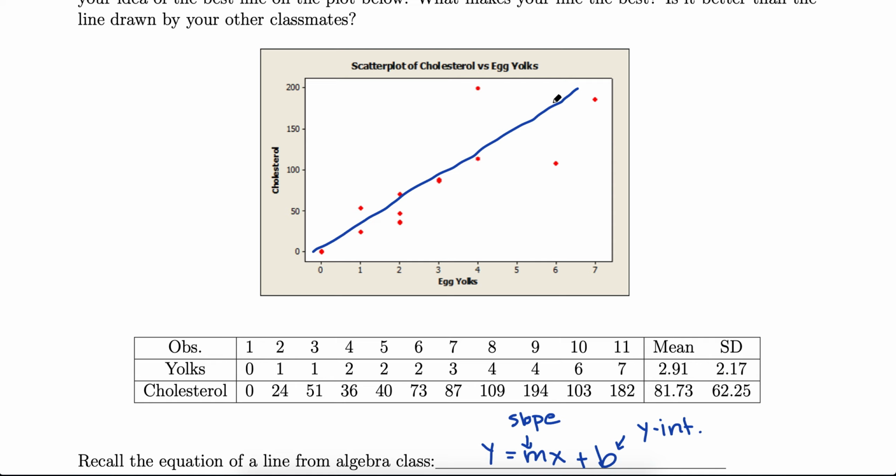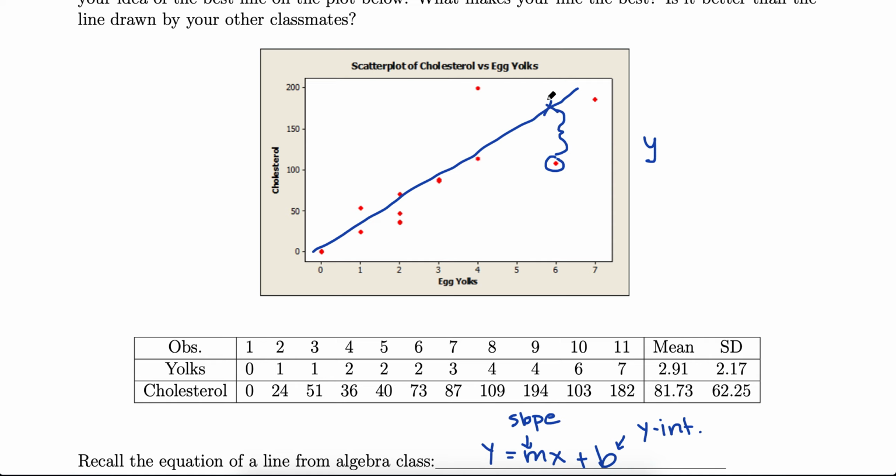By that, we first need to understand what we mean by residual. Let's use this point as an example. My observed y value is somewhere here, a little over 100. I want to see the error in prediction: how far off does my predicted line miss that point?